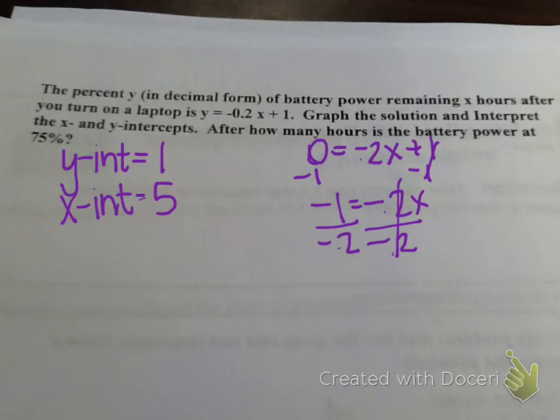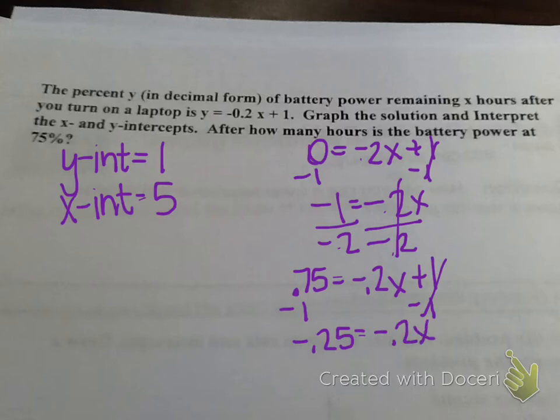And after how many hours is the battery power at 75%? Well, instead of at 0, I want to know 75%. So I would subtract 1 again. Negative 0.25 equals negative 0.2x.